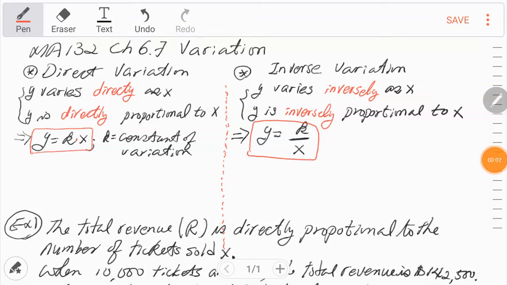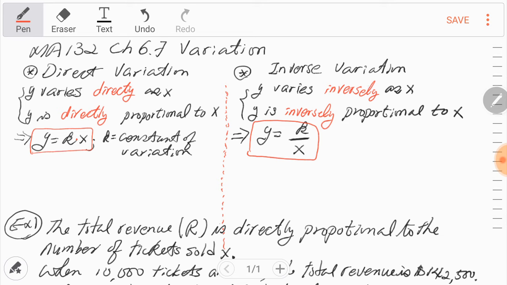Okay, this section is about variation: direct variation and inverse variation. For this, there are two mathematical models. One is direct variation, the second one is inverse variation.